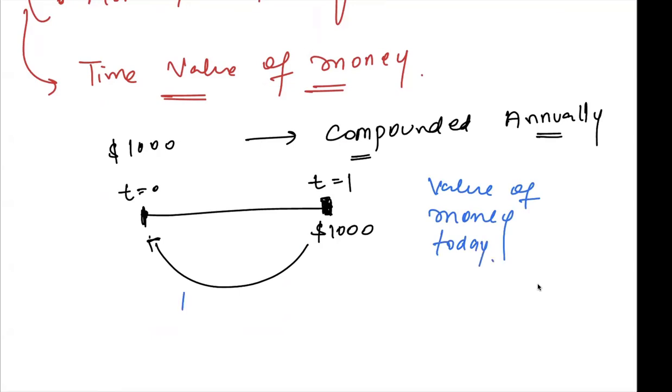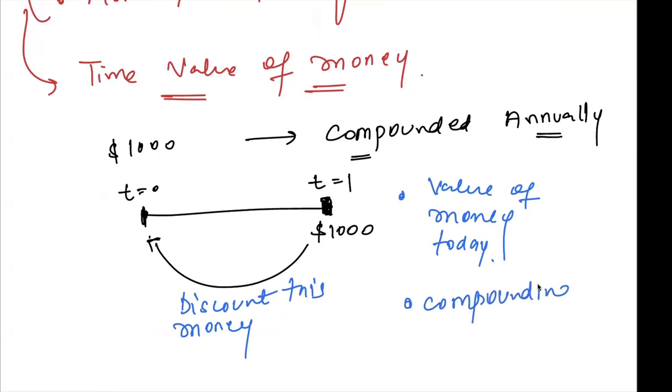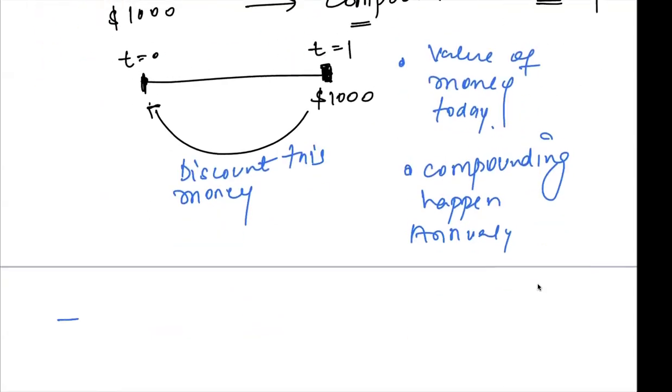So you need to discount this cash flow, and you're given that your compounding happens annually. So how will I represent this?